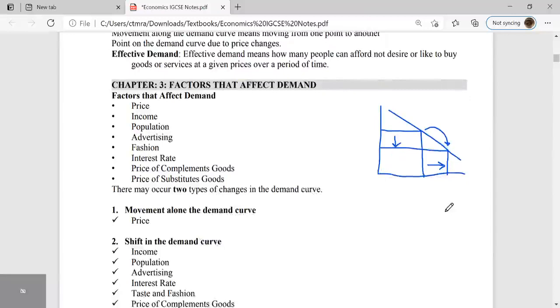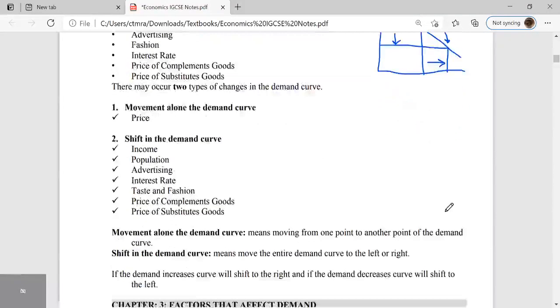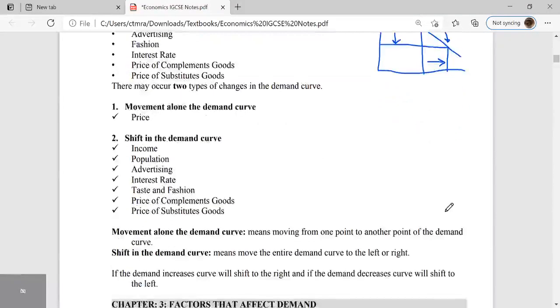And there are other factors like income, population, advertising, interest rate, taste and fashion, price of complements, and price of substitutes. For these, there will be a shift in the demand curve, a totally new demand curve.